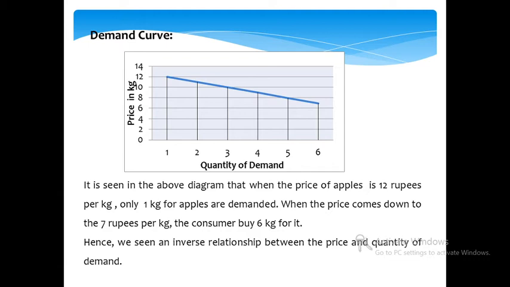When the price comes down to 7 rupees per kg, the consumer buys 6 kg of it. Hence, we see an inverse relationship between the price and quantity of demand.